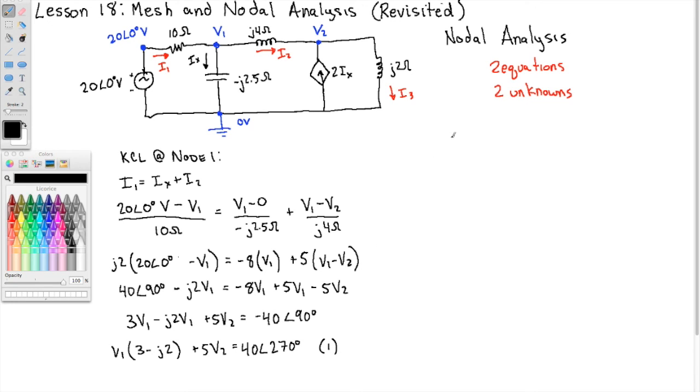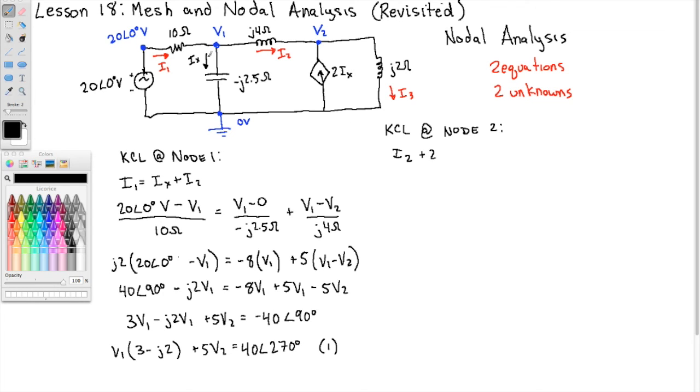Let's move on to KCL at node 2. At node 2, I've got I2 coming in, and I've got 2IX coming in.